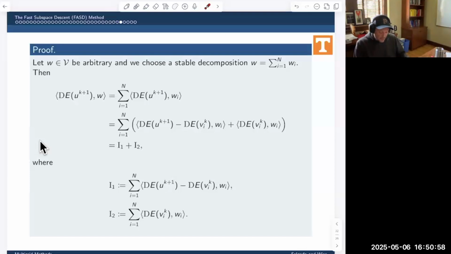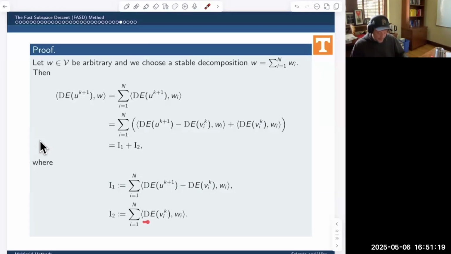Now, in the SSO method, you add and subtract this term, and you can pair up one of those guys, and the other one you can just cancel because it turns out to be 0. Now, in this case, it's no longer going to be 0.